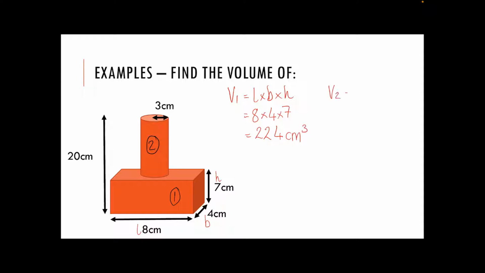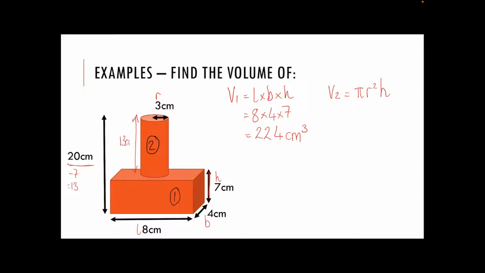For volume number 2, our cylinder is pi r squared times by the height. My r is my radius of 3, but my issue this time is that the height of my cylinder is only this bit here, and we have been given the full height of the shape, which is 20. But we already know that 7 centimetres is made up of the cuboid, so if I do 20 take away 7, I get 13.